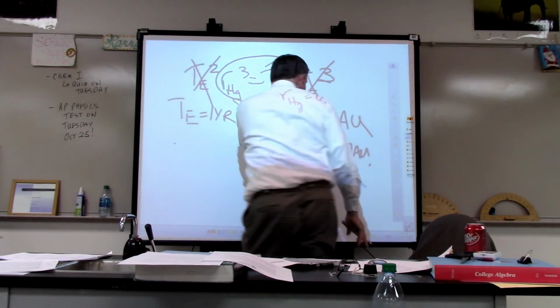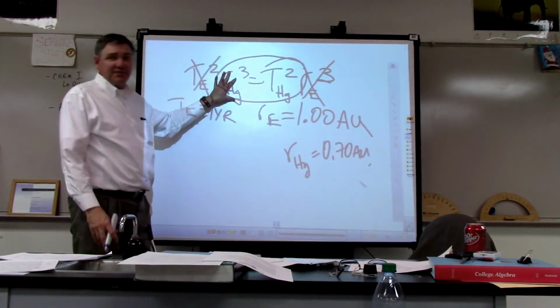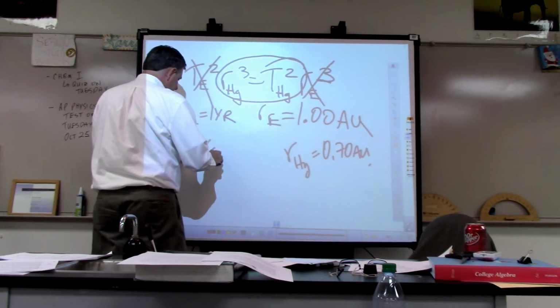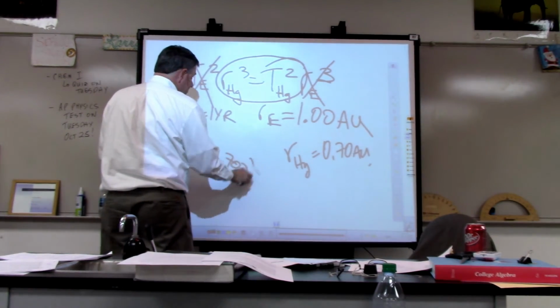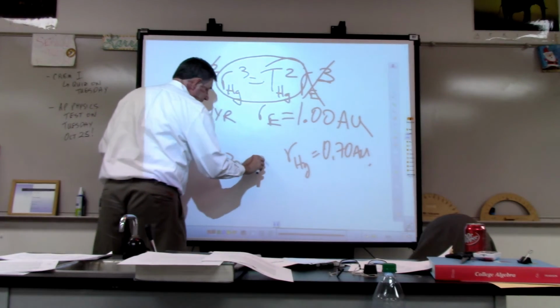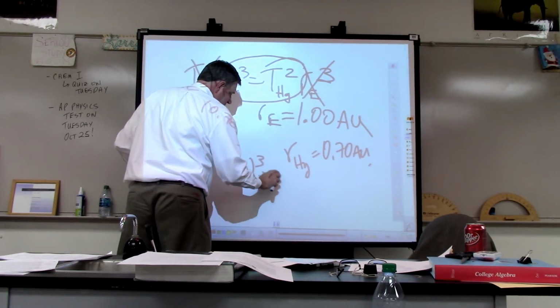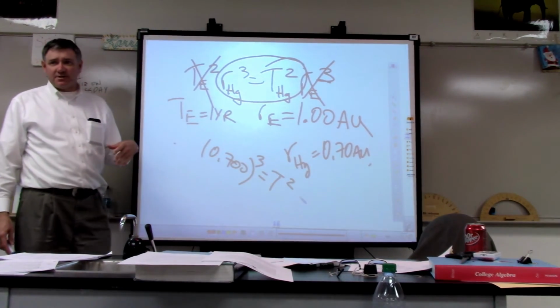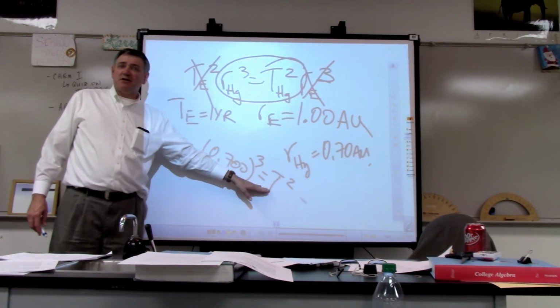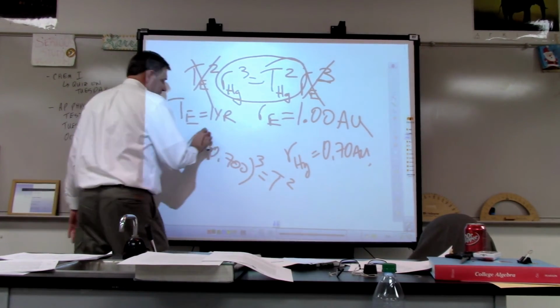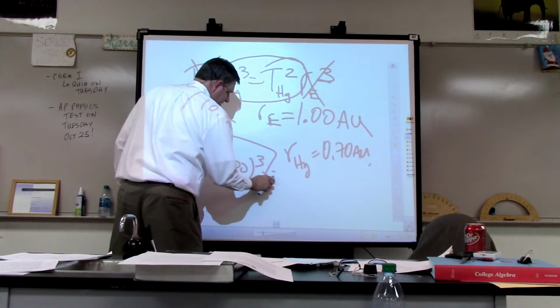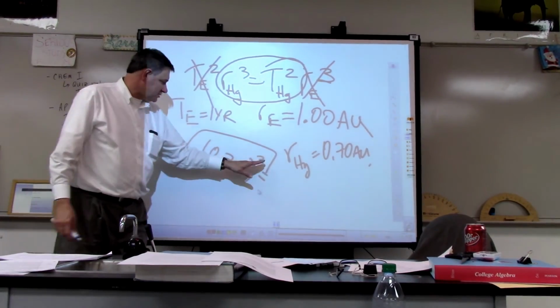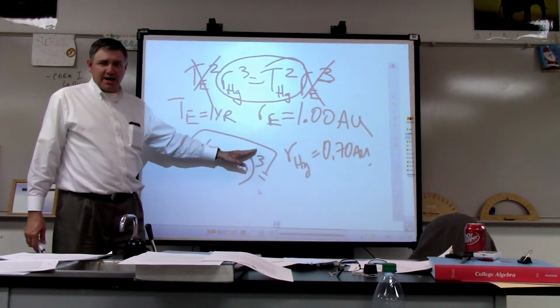So you got the radius of Mercury, 0.7. I got that. So I'm going to take 0.7, and I'm going to cube it, and then that has to equal the period squared. So then what am I going to do? How am I going to get this by itself? Square root. Yeah. I'm going to take the square root. So somebody take 0.7 cubed, and then take the square root of that.